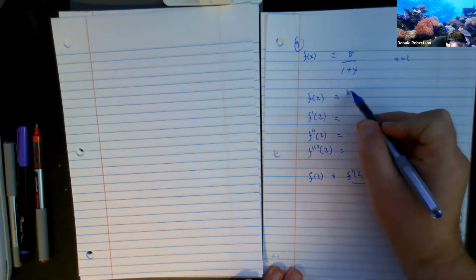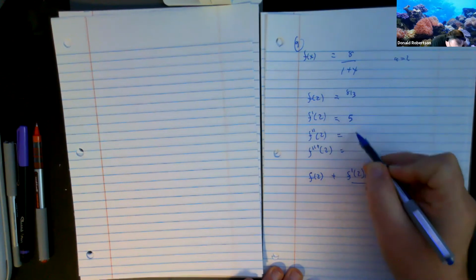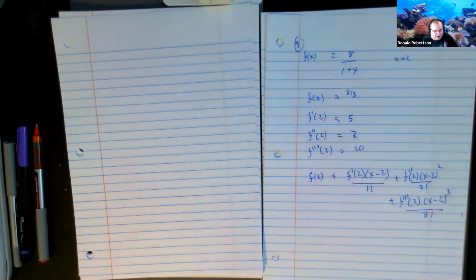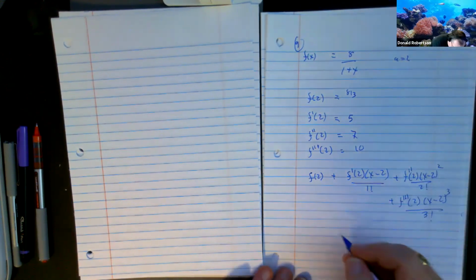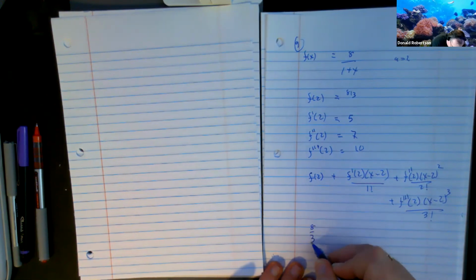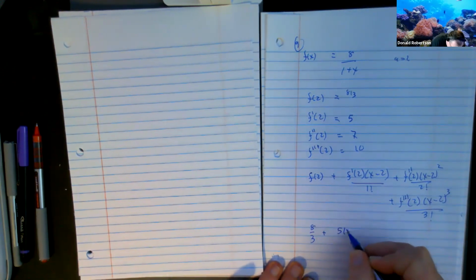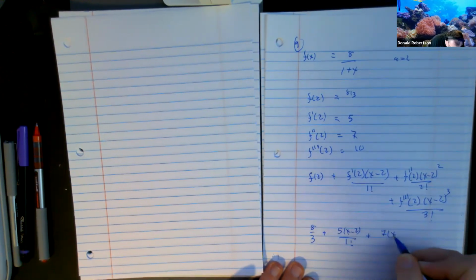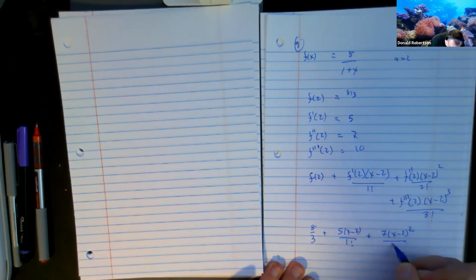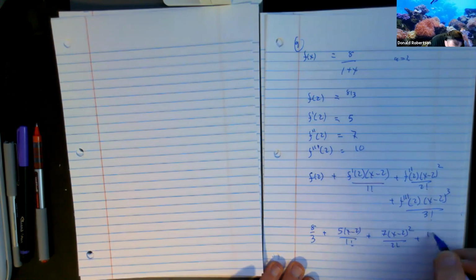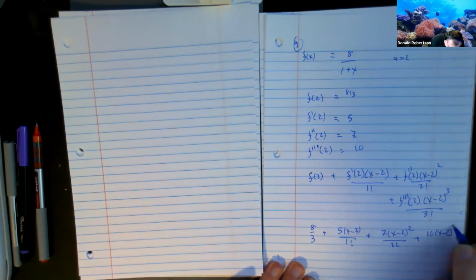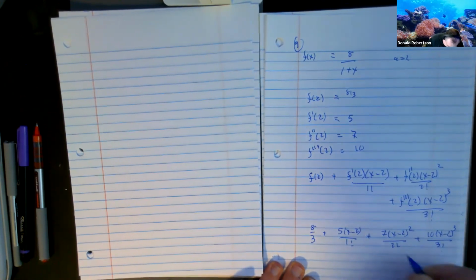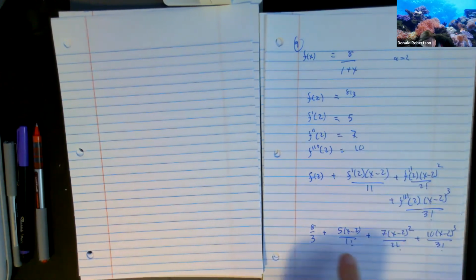Well, I can do the first one. It's 8/3. Can we just pretend that's 5, 7, and 10, just for argument's sake? Then your answer would be 8/3, 5 of that guy, 7 of that guy, and 10 of that guy. Now, it's not quite finished because won't you have to turn these into numbers and simplify?